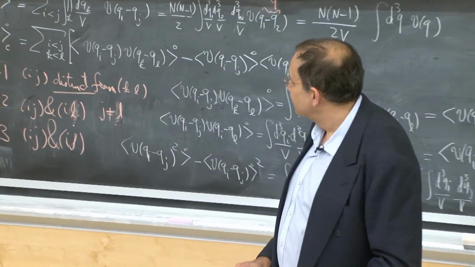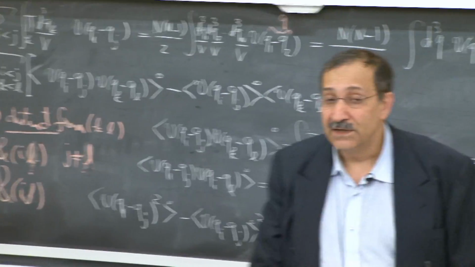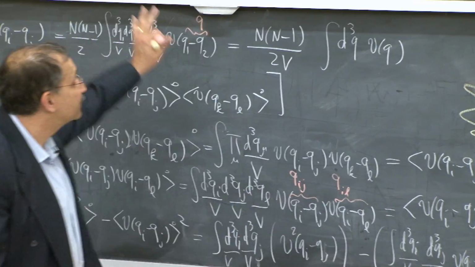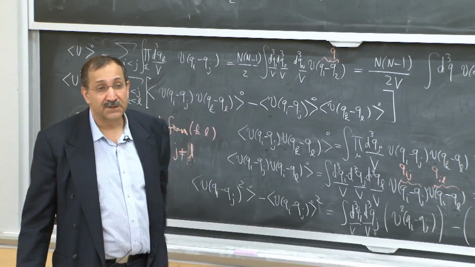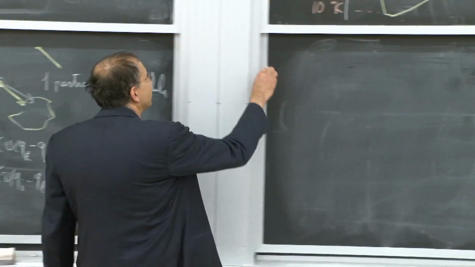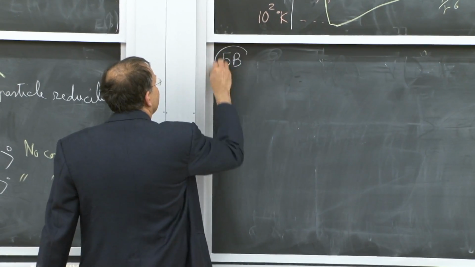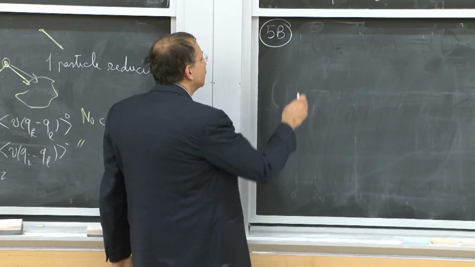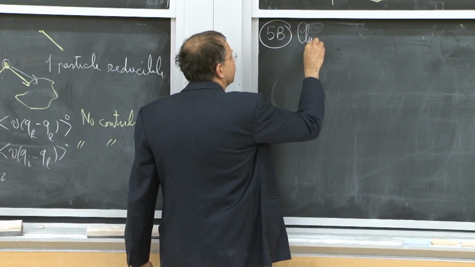So let's go to a route in which I directly expand everything in terms of this quantity. And that's the second type of expansion that I will call the cluster expansion.